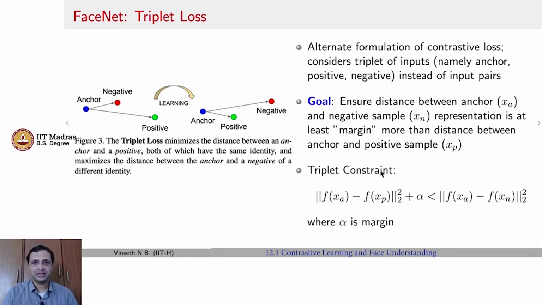We have a triplet constraint that states ||f(xa) - f(xp)||² + α must be less than ||f(xa) - f(xn)||². We are saying that the distance of the anchor to the negative sample must be at least a certain margin, where alpha is a positive quantity, more than the distance of the anchor to xp, which is the positive sample.